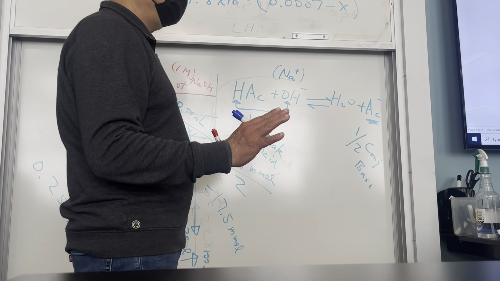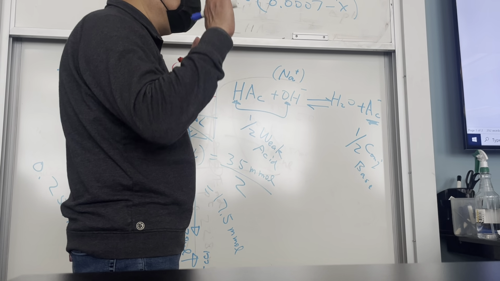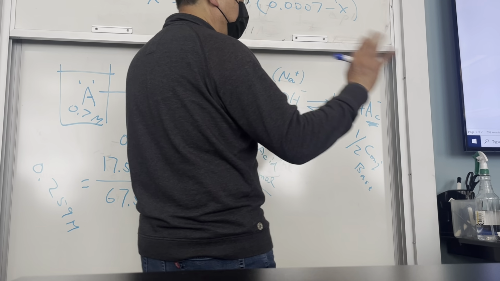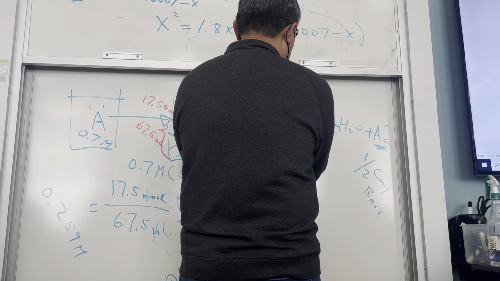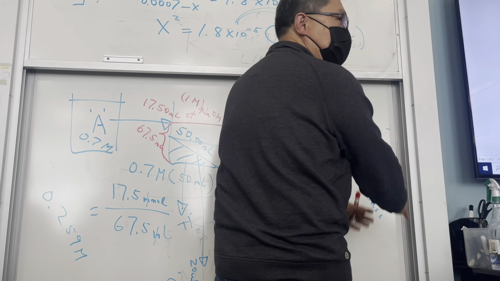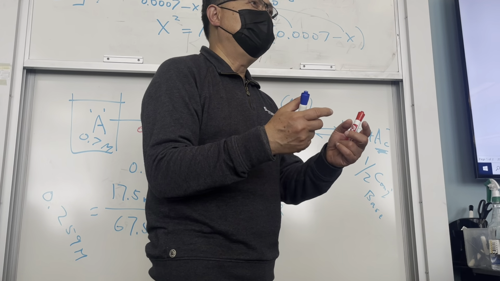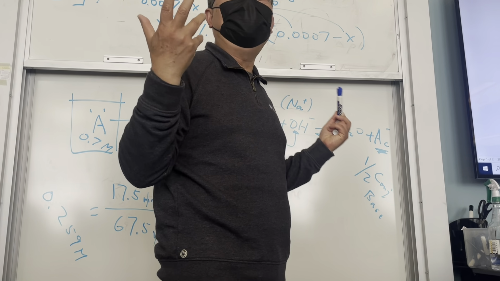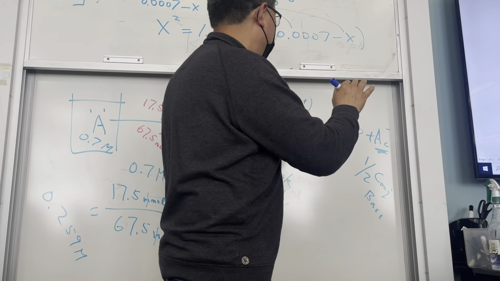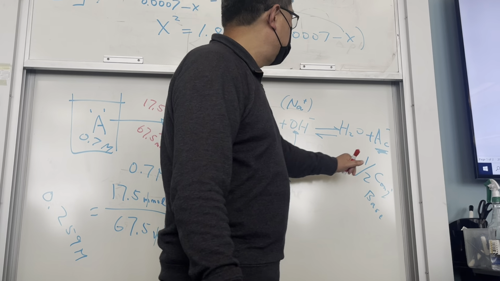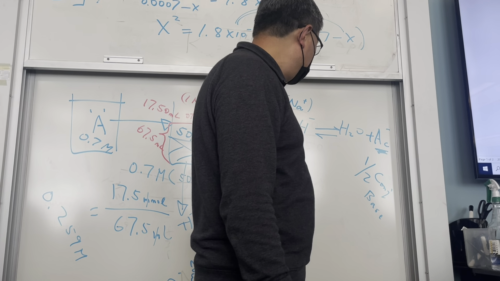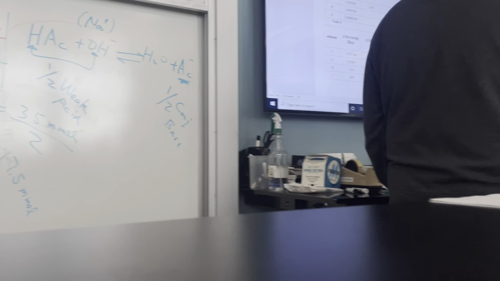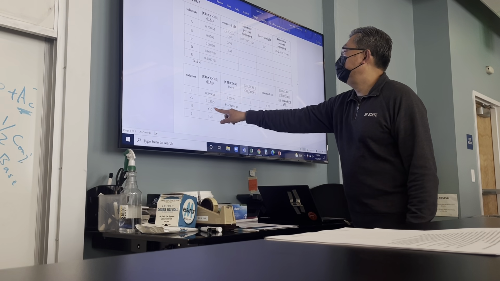And because we made it smart and decided to do it by half, the good thing about half is that whatever this is will be equal to whatever that is. Both are the same. So whatever your weak acid is, it will be whatever the conjugate base is. Therefore, I just say these two will be the same.